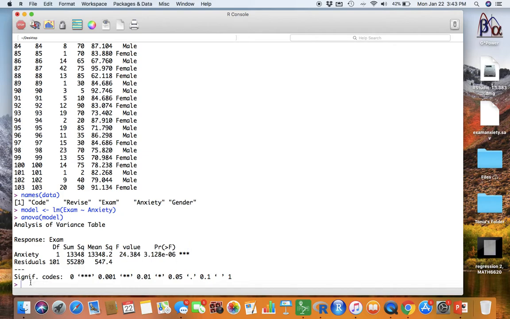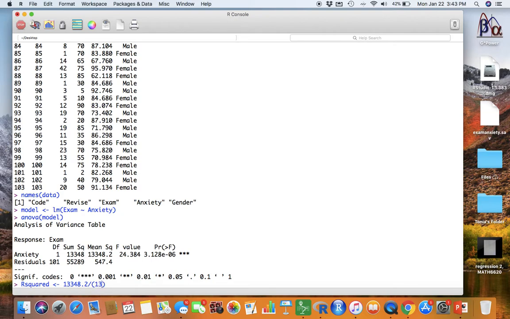Now, I know that my R squared is going to be equal to my sum of squares for the model, which in this case is 13,348.2, divided by the sum of squares for the total.